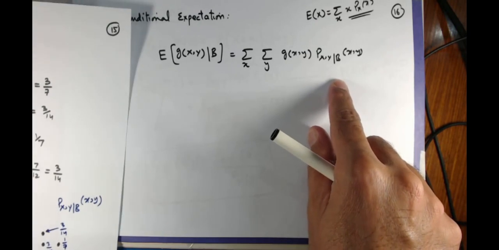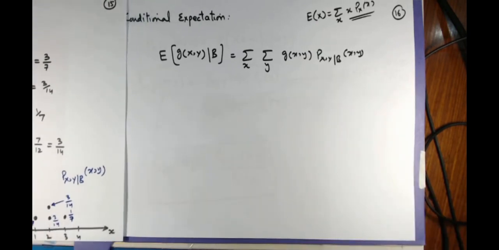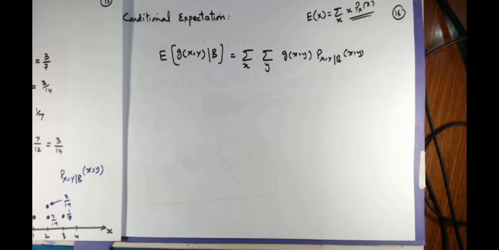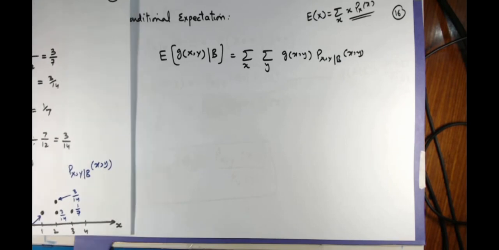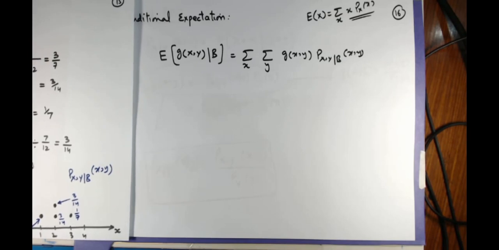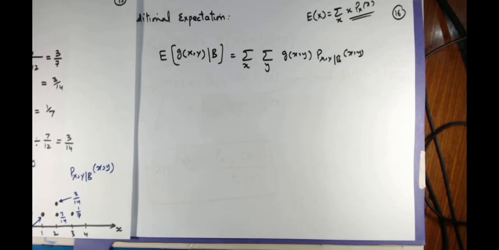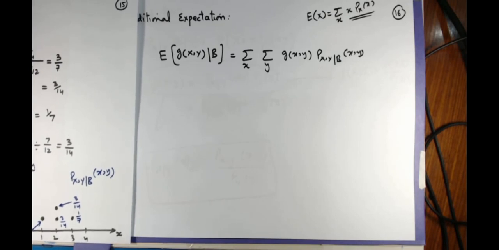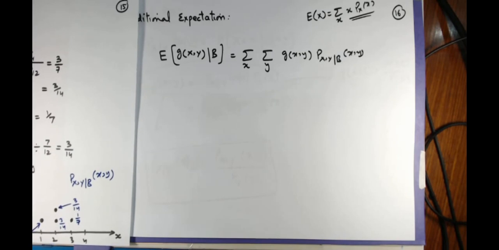This is so simple. Always remember, if you have the giant unconditional distribution, the unconditional expectation will use the unconditional distribution. If you want to find the conditional expectations, you have to use the conditional distributions.